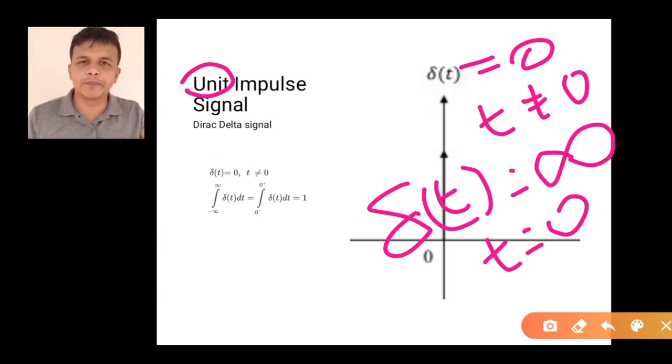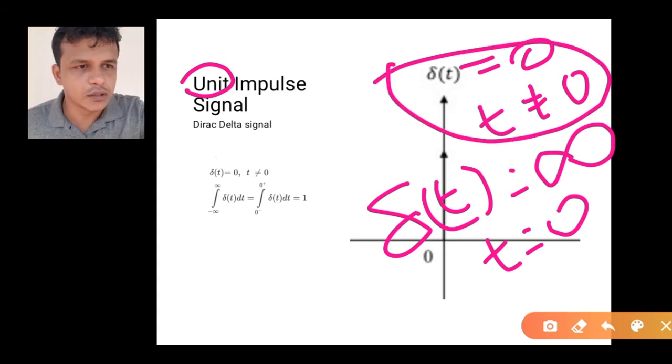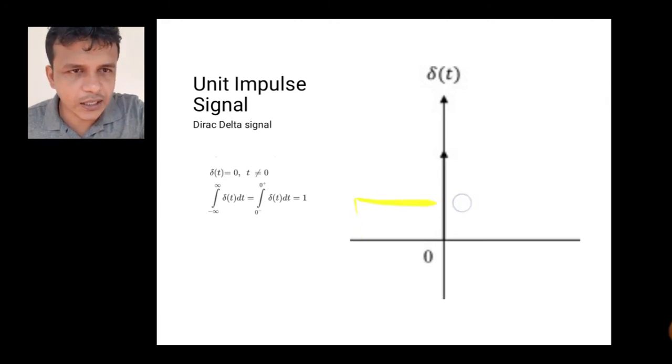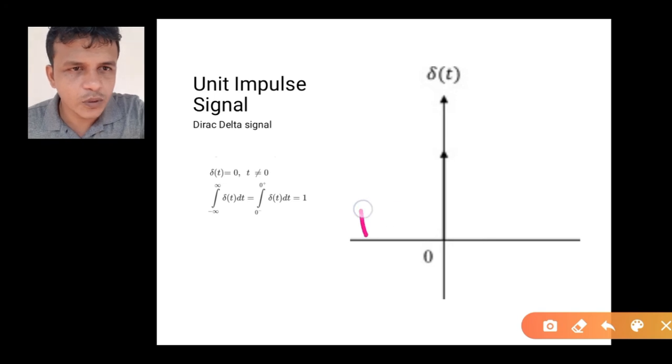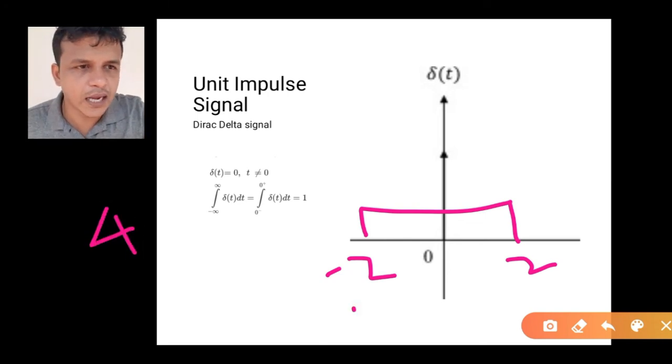So how can it be infinity? Let us see again. As I mentioned, del of t is equal to 0 for t not equal to 0. Let us consider a rectangular signal with its base from -2 to 2. That means the length of the rectangle is 4 units: -2 to 0 is 2 units and 0 to 2 is 2 units.